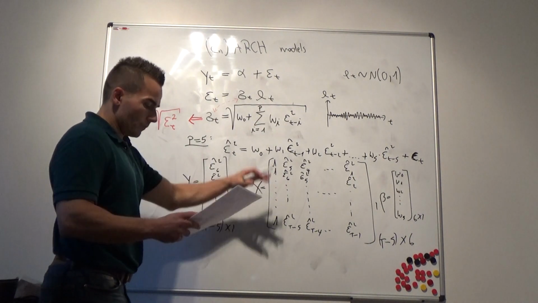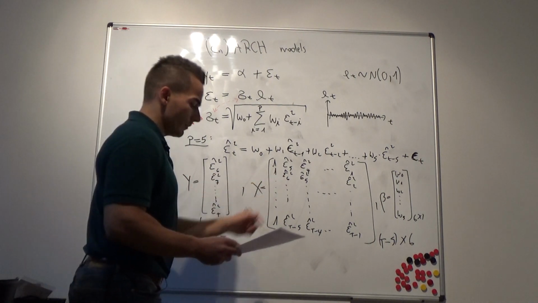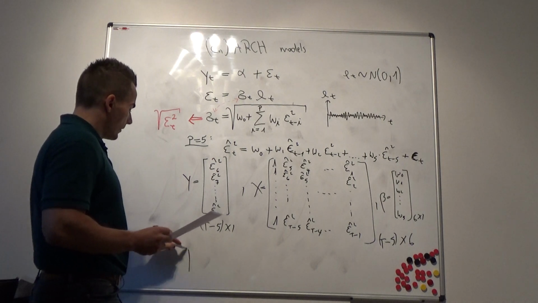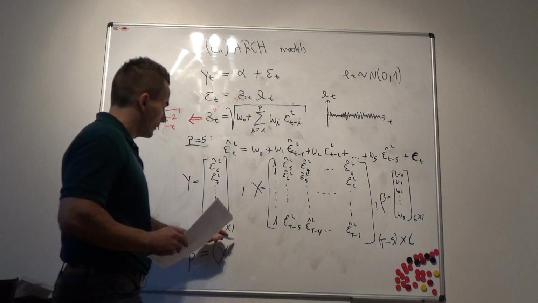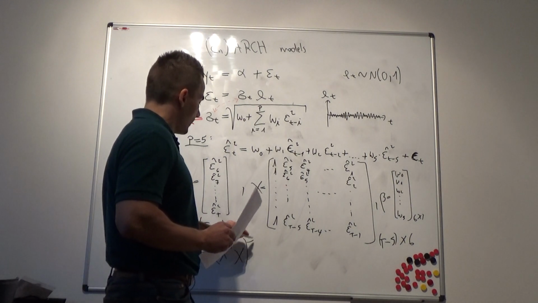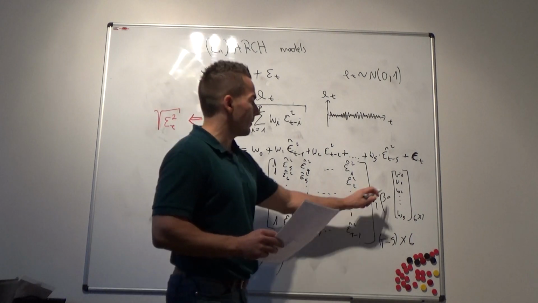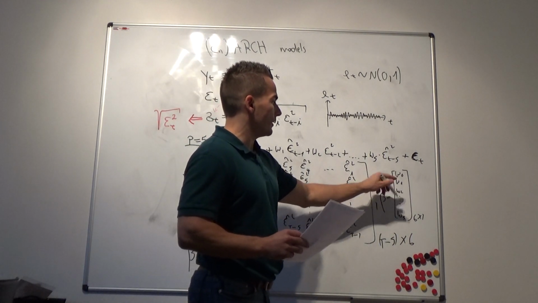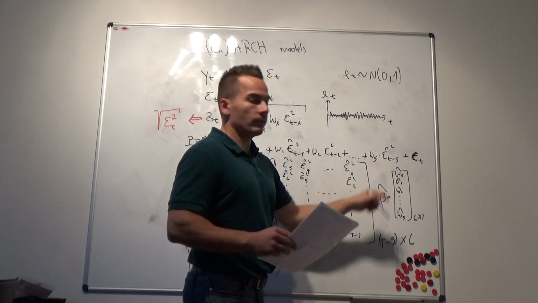Once we have defined our matrices, we can again simply employ our standard formula. Beta hat is equal to X transposed X inverted X transposed y. And what we get is then the estimated parameter vector beta consisting of the estimated W's.